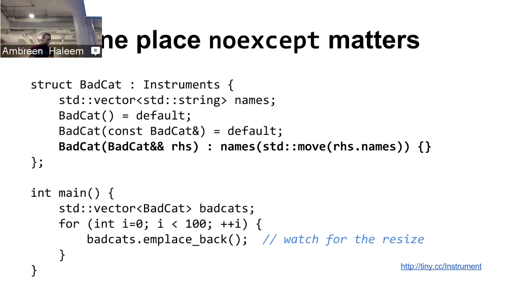If we start moving them over here and one of those throws, what are we going to do? Move them back, but that could also throw. So if moving cannot throw, then we can just move them all. If moving can throw, then we have to copy them instead, so that we still have the originals, so that we can roll back.